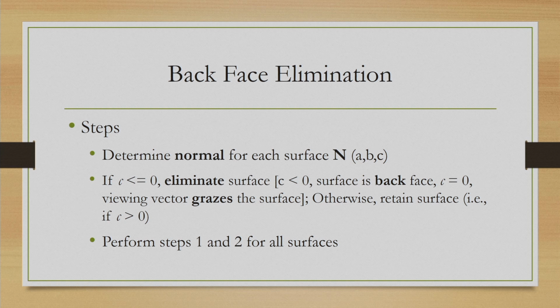The steps are very simple for this particular method. So, there are 3 steps. In the first step we determine a normal vector for each surface n, represented in terms of its scalar quantities a, b, c along the 3 axes. I am assuming here that you all know how to calculate the normal vector for a given surface.